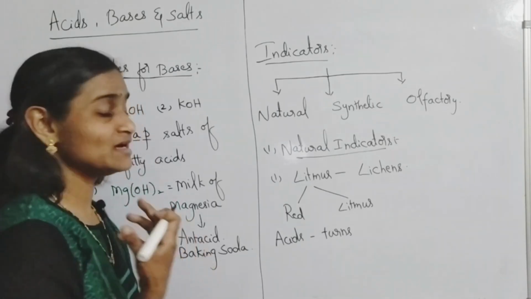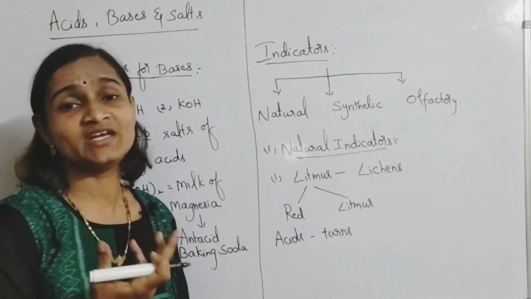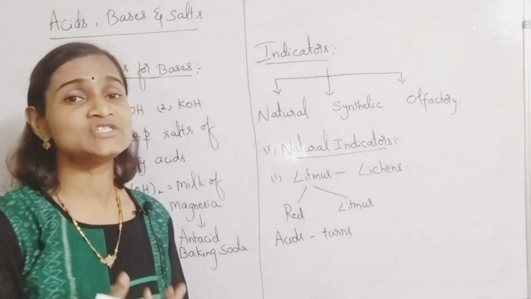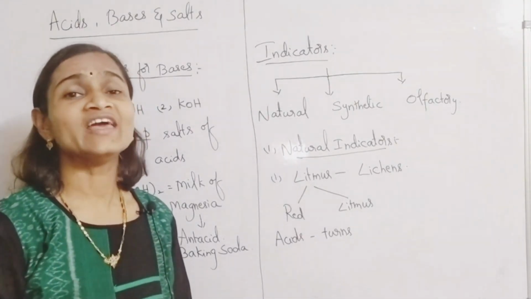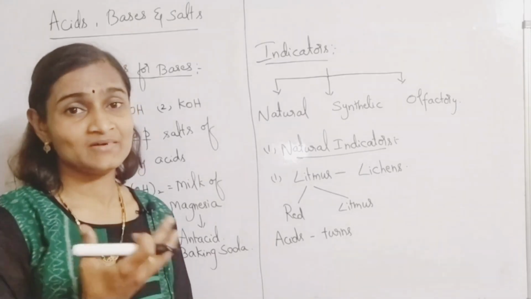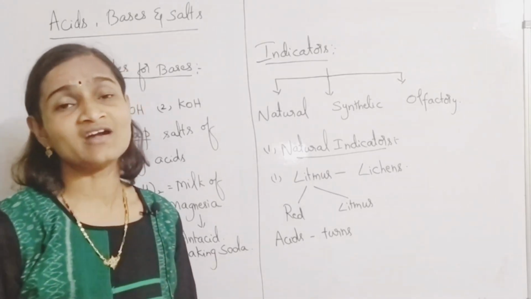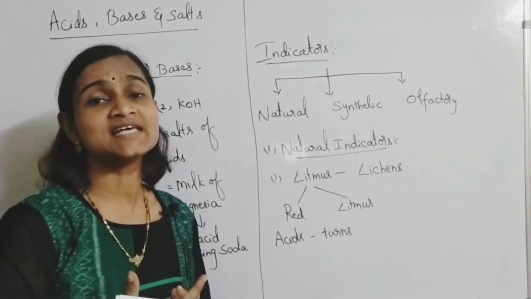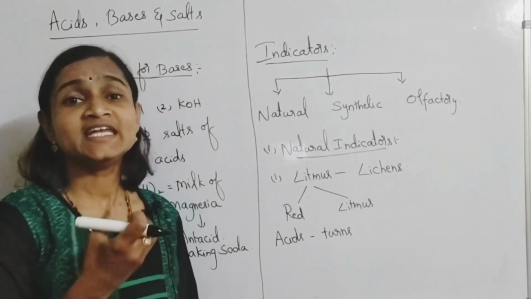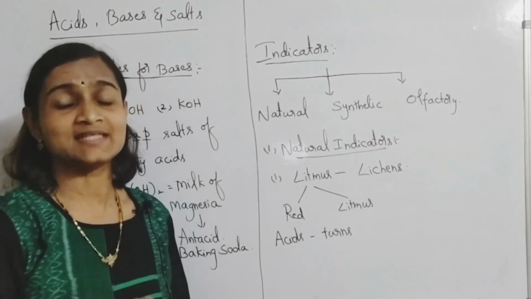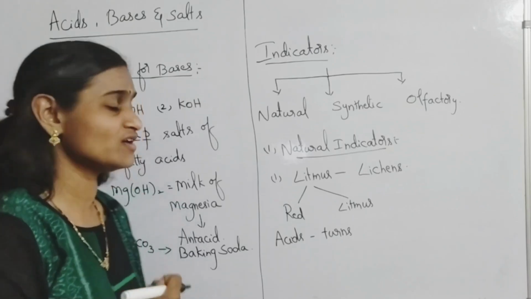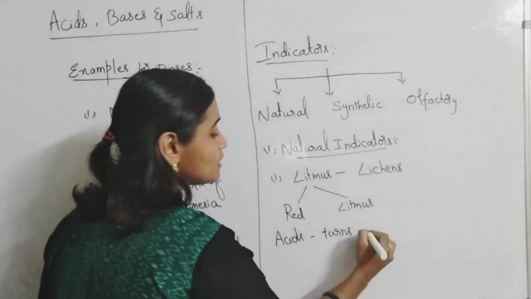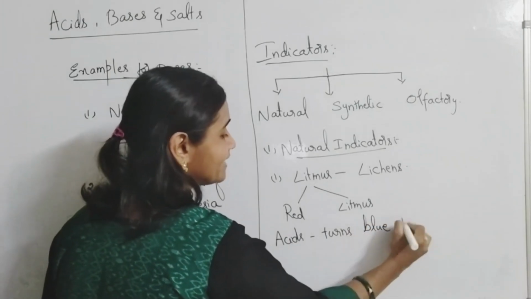The milk which we drink every day consists of lactic acid, curd consists of lactic acid, and rancid butter, sour butter consists of butyric acid. Like that, a lot of acids are present in our eatables also. So acids actually are not dangerous, but for remembrance sake, you just remember acids turn blue litmus to red.